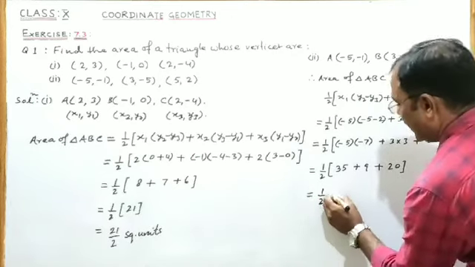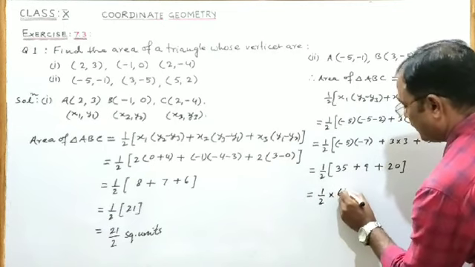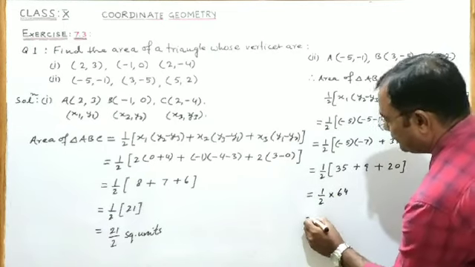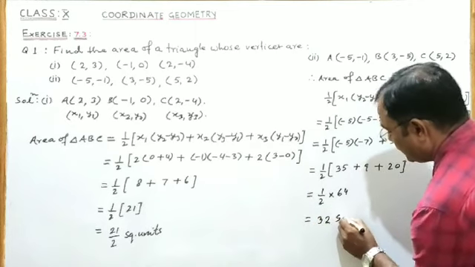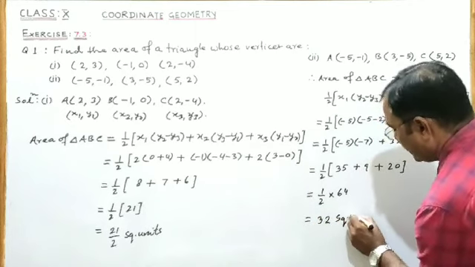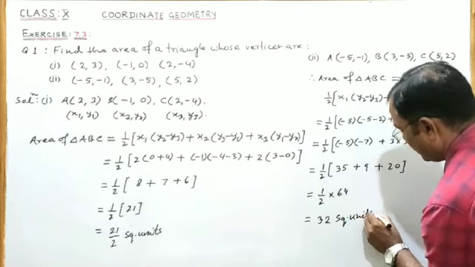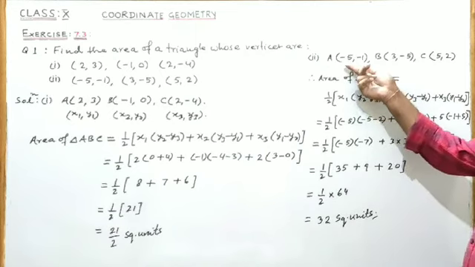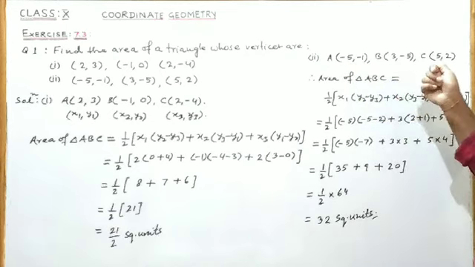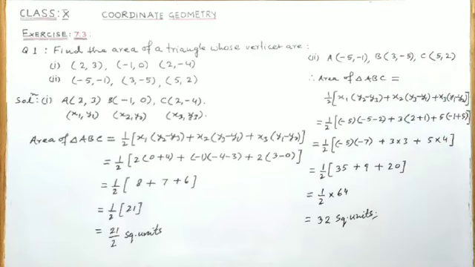So equal to half into 64, equal to 32 square units is area of the triangle whose vertices are minus 5, minus 1, 3, minus 5 and 5, 2.